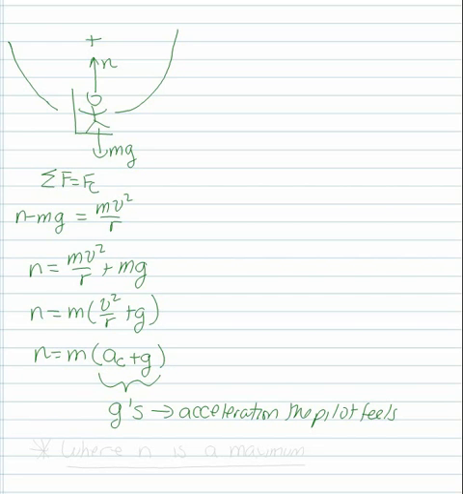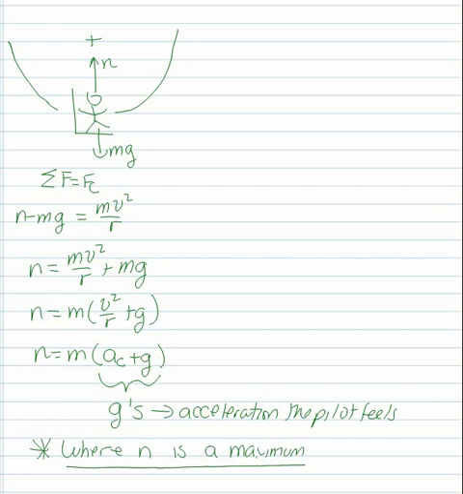Yes, we can calculate the force, but the bottom of the loop, this is its claim to fame. It is where N is a maximum. N reaches its largest value at the bottom of the loop.